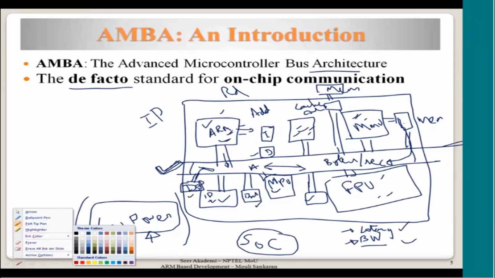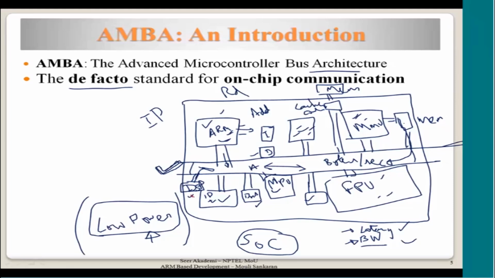So this design should support multiple masters being in the system. They will all be competing for the bus ownership, but it should be controlled by somebody. There should be some control logic in the bus for the multiple masters connected to the bus to transact over the bus.